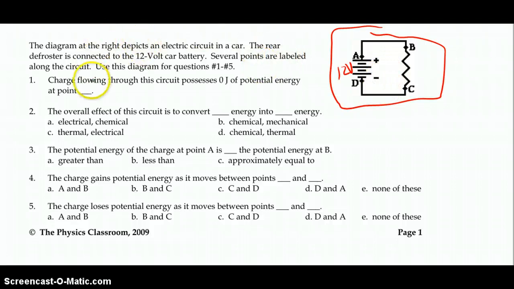The first question is: the charge flowing through the circuit possesses 0 joules of potential energy at which point? It'll possess 0 joules wherever the potential is 0, and the potential will always be 0 after it has gone through all the items in the circuit.